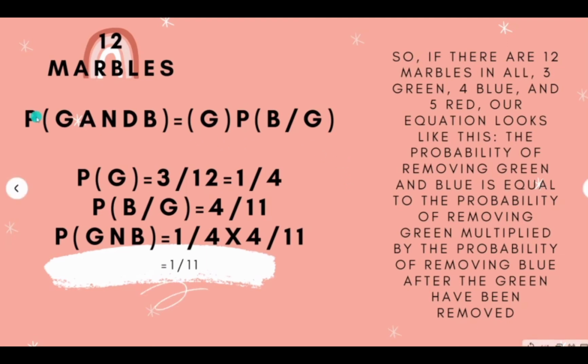So this is my formula. Probability of green and blue equals probability of green times probability of blue given green.